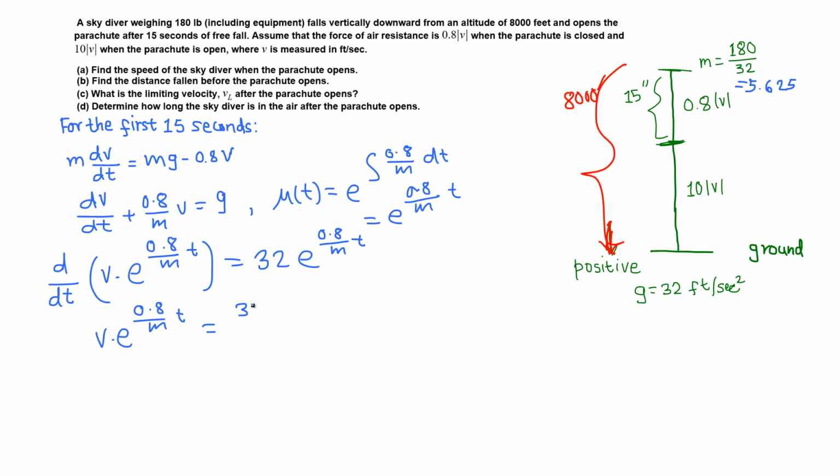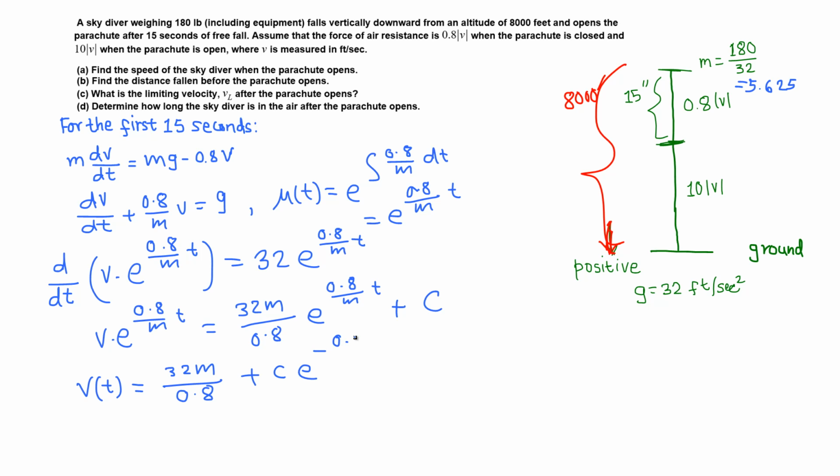So this becomes 32m over 0.8 times e to the 0.8 over m t plus a constant of integration c. Now divide both sides by the integrating factor so that v is isolated. V as a function of time t is 32m over 0.8 plus c times e raised to negative 0.8 over m t.